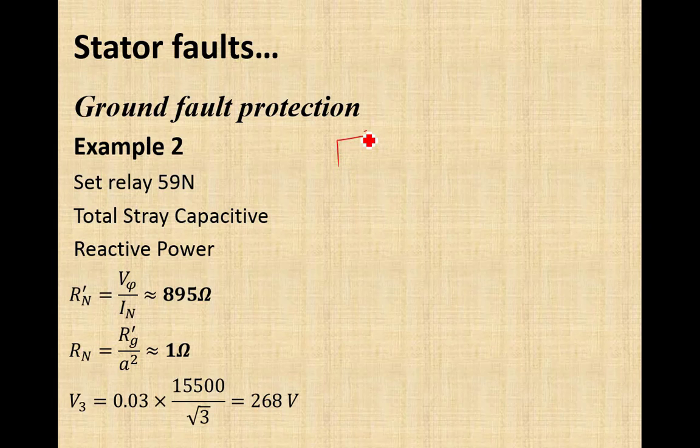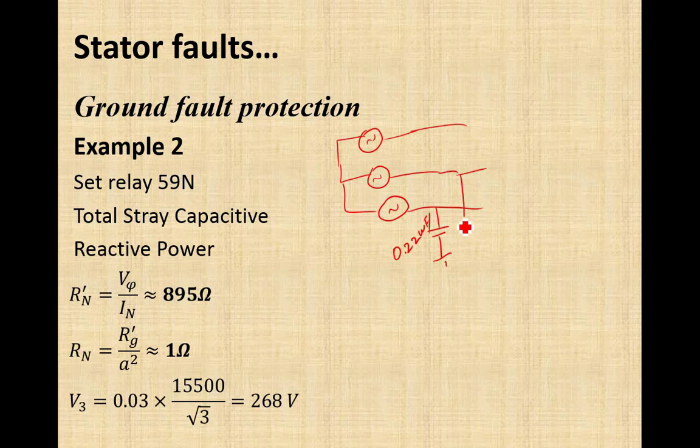This is the actual diagram, the three phases of the generator, and here we have the stray capacitances of the generator, and its value was 0.22 microfarad per phase. Similarly, it will be in the other phases, here as well as over here.